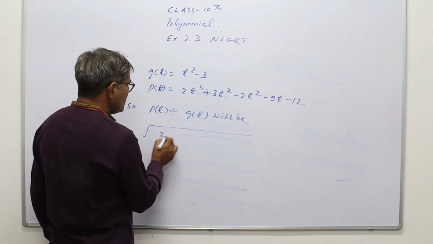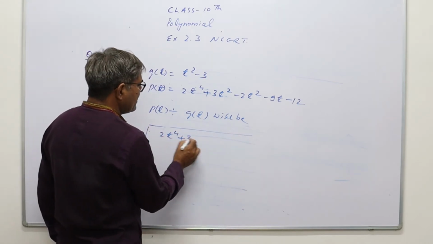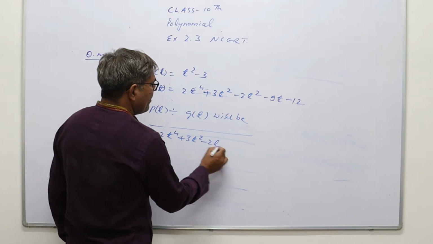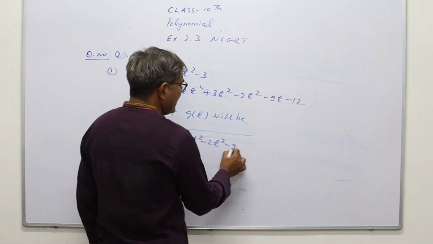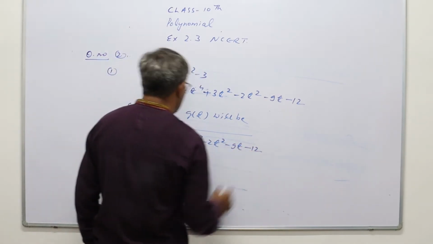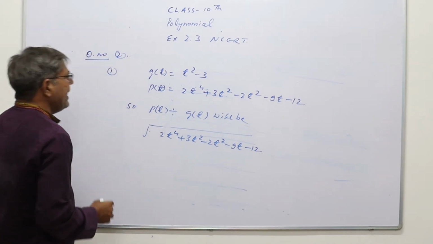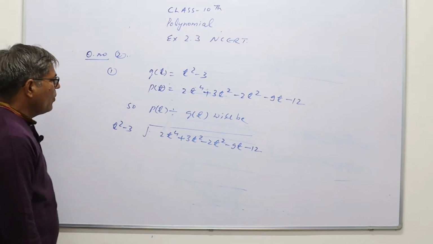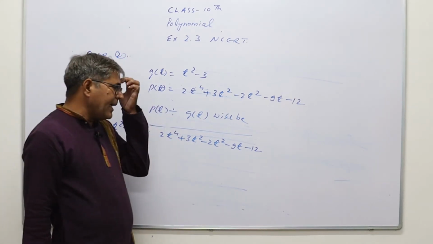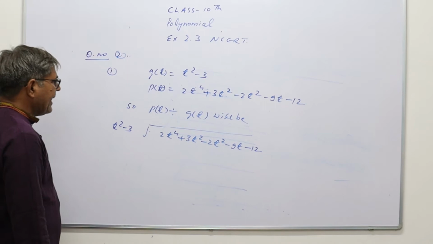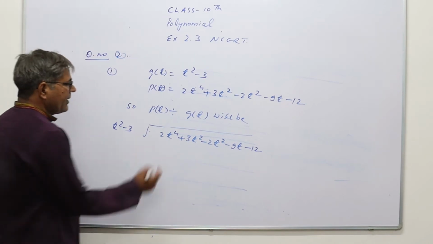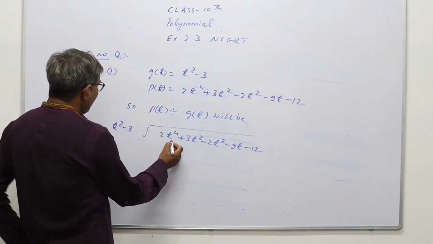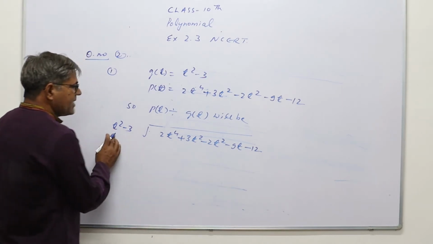So p(t) is 2t power 4 plus 3t cube minus 2t square minus 9t minus 12. This is the dividend and now the divisor is t square minus 3. Both polynomials are in decreasing order of degrees. So observe the highest degree term, that is 2t power 4 in the dividend, and the divisor is t square.